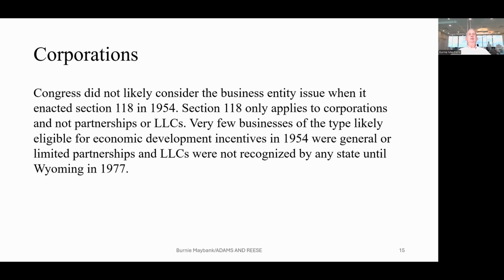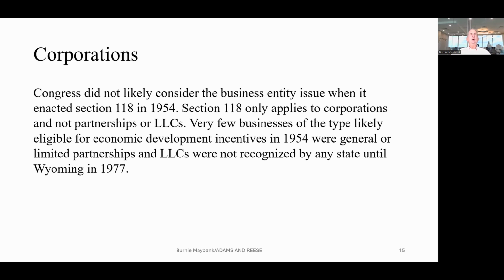So when Congress adopted Section 118 in 1954, all they thought about was corporations. So Section 118 only applies to corporations and not partnerships or LLCs. And in 1954, very few partnerships received economic development incentives. Everybody did business in a corporate form, and LLCs weren't even recognized by any state until Wyoming adopted it in 1977.